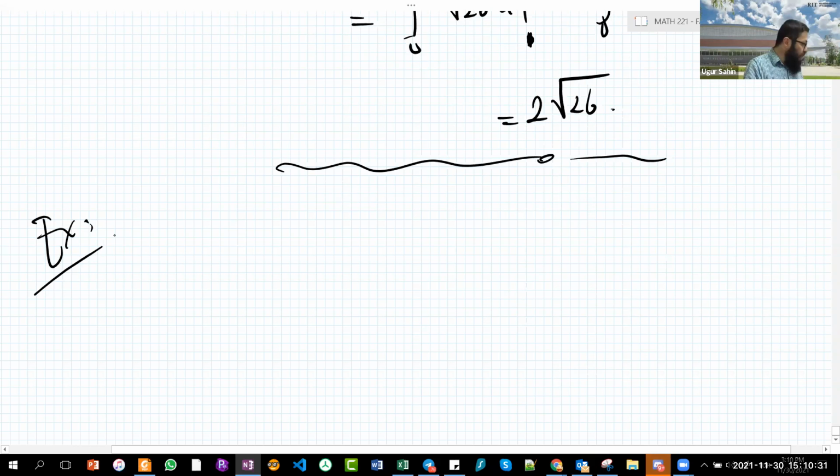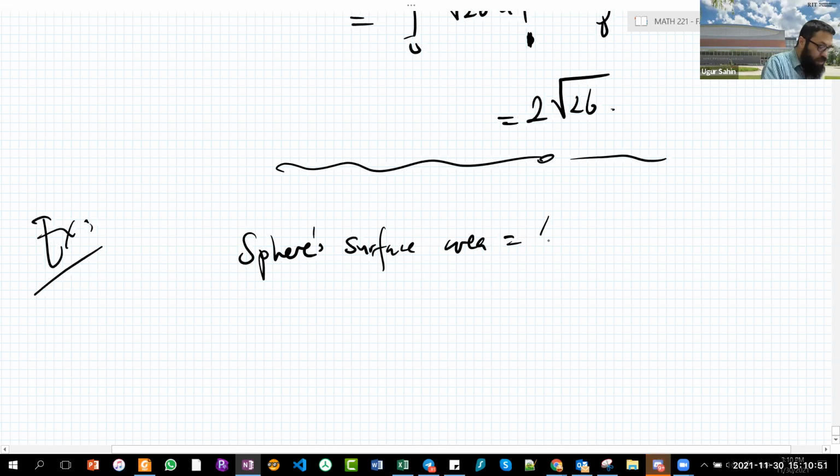One more example, and that's the last question for today. Can you prove the sphere surface area? The sphere's surface area is equal to 4 pi r squared.